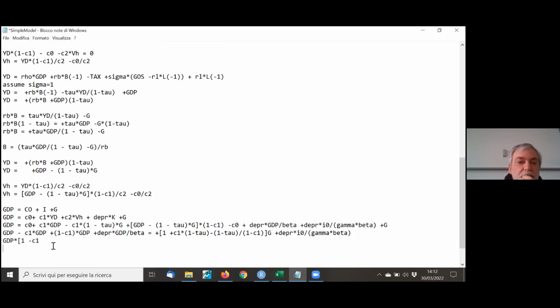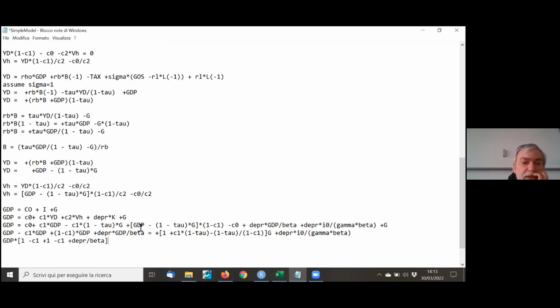Okay. And here I see that we have a lot of simplification. So it's 1 minus C1 plus 1 minus C1. And again, this doesn't really sound right, plus DPR over beta. And I guess maybe we have some signs wrong, because this was a plus GDP, C1 GDP became minus C1 GDP.